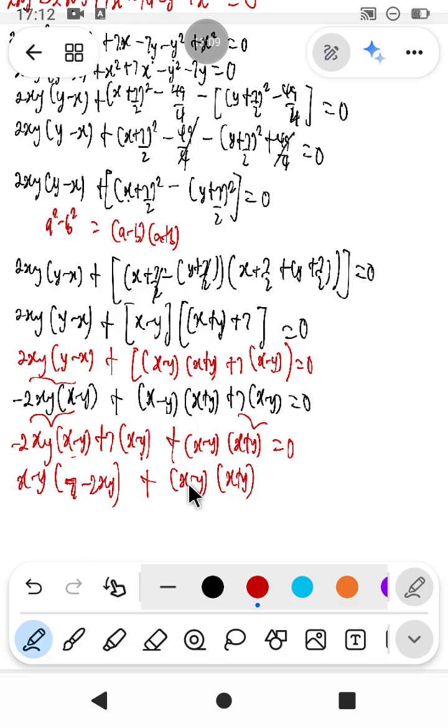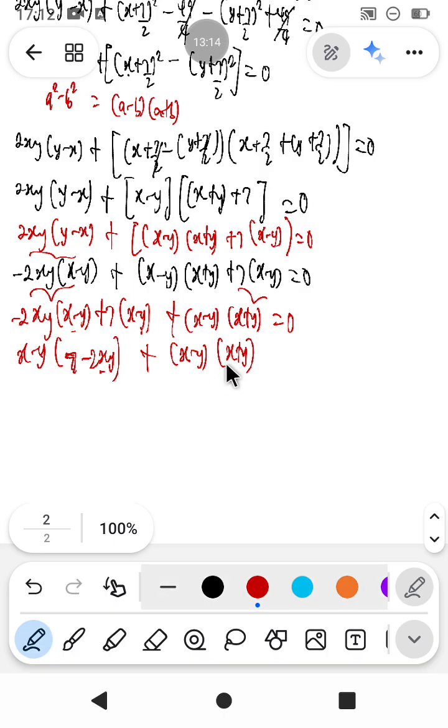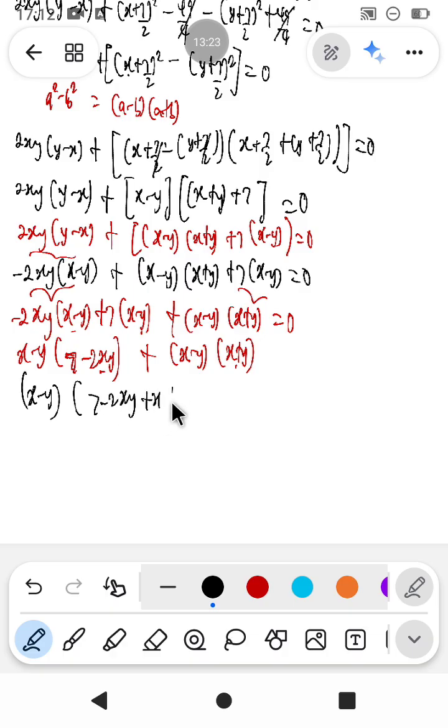So this x minus y, this x minus y. Don't forget, you're going to take one out of it. Then you bring these together. If you do that, we have (x minus y) into bracket (7 minus 2xy plus x plus y), then everything equal to 0. We can call this equation 2, or let's just move on. This means either x minus y equals 0 or 7 minus 2xy plus x plus y equals 0.